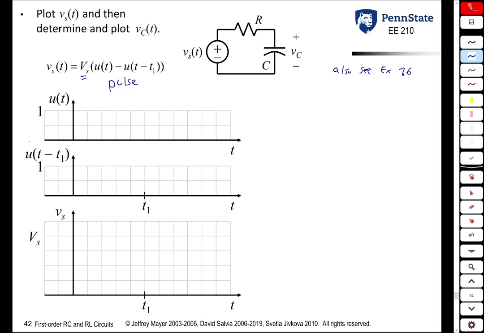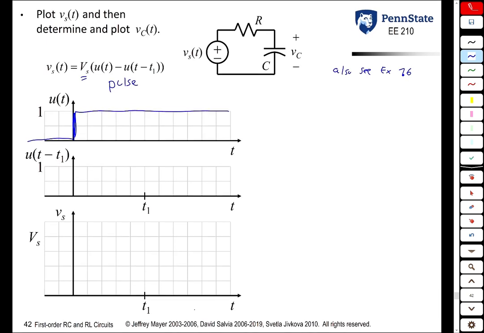So u of t starts at 0, goes to 1 at time 0. u of t minus t1 starts at 0 and goes to 1 at time t1. So Vs of t is this first figure minus the second figure times the constant Vs.